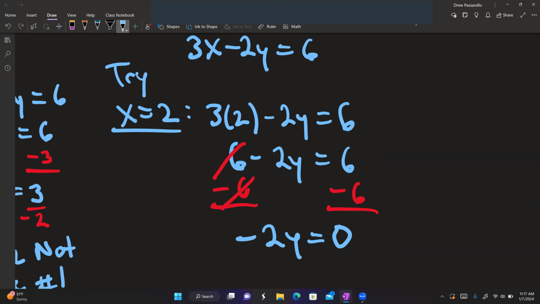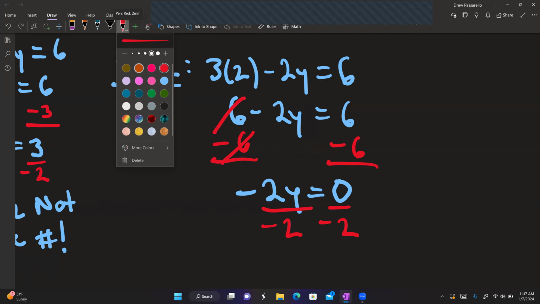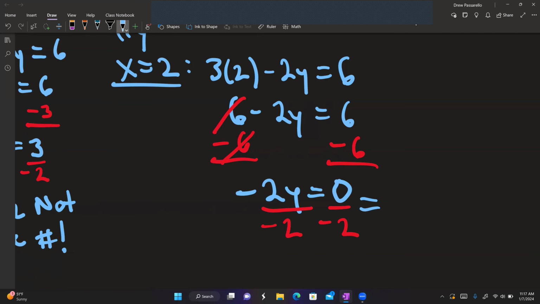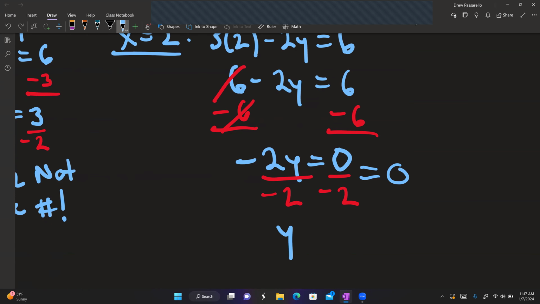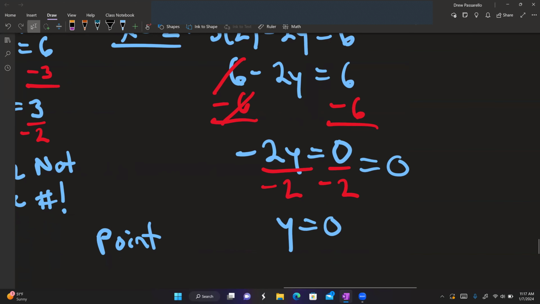And then I divide by negative 2. And 0 divided by any number is 0, except for 0 divided by 0. So this gave us y equal to 0. That means the point, we plugged in 2 and we got y equal to 0, so it's (2, 0).